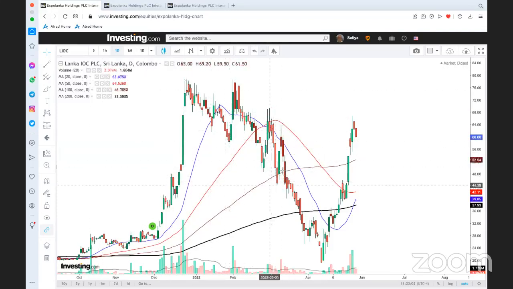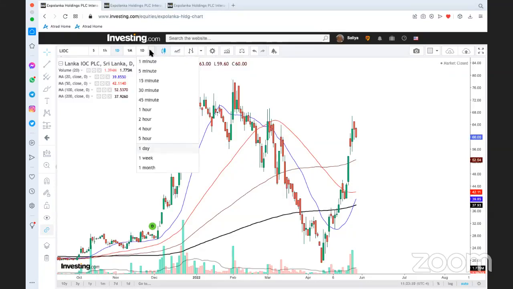Let's take LIOC and go back to all the other 5 counters also, and see what we can do using shorter time frames. When we say shorter time frames, you can use any of them according to your wish.